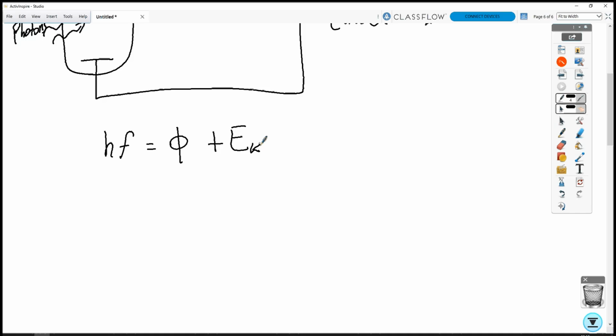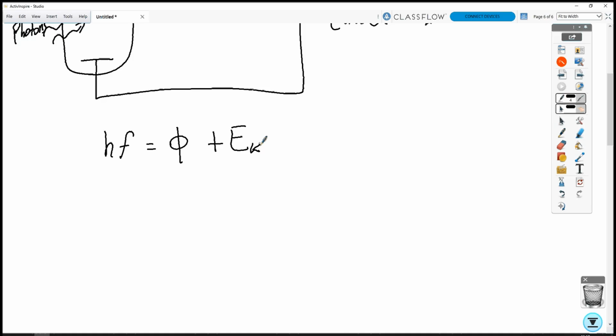The potential difference we apply has to be equal to that kinetic energy in order to stop those electrons. And the work done is W equals QV. The charge of an electron we will denote as e, so eV, and that is going to be equal to EK.